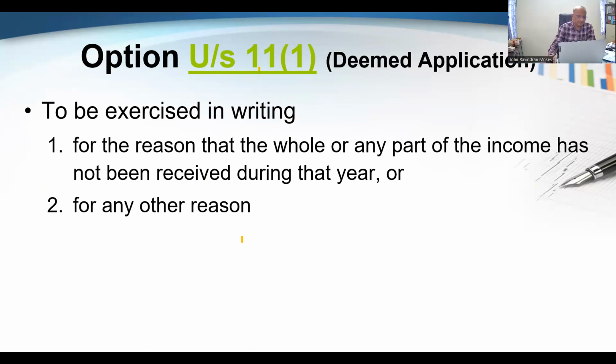So let's take an example. You get income of the trust. Your voluntary contribution is 10 lakhs.